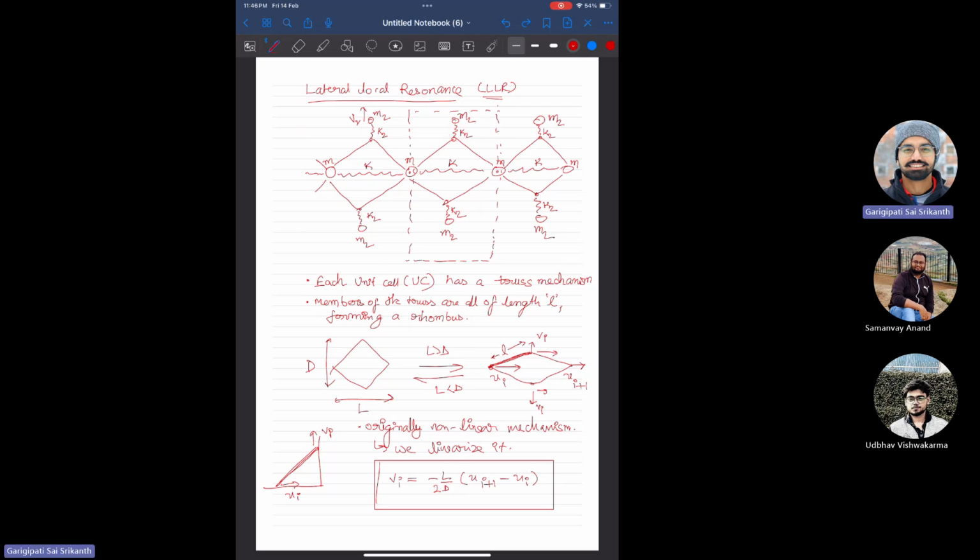That will produce certain forces. So that has not been modeled in this.